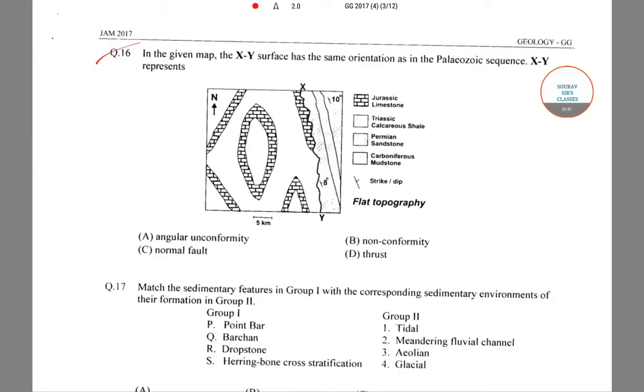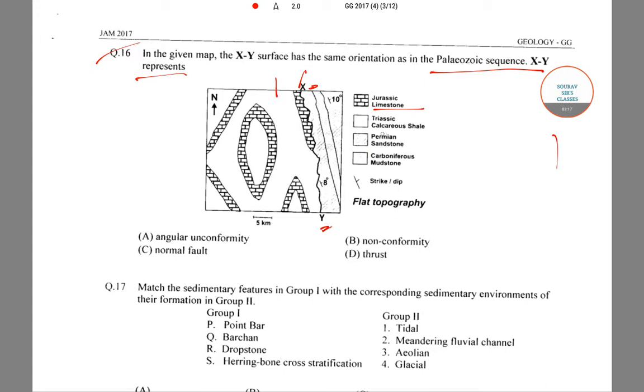Now in question number 16 you can see in the given map, the XY surface has the same orientation as in the Paleozoic sequence. Okay, so what does this XY region represent? See, as they said, this area is made of Jurassic limestone.